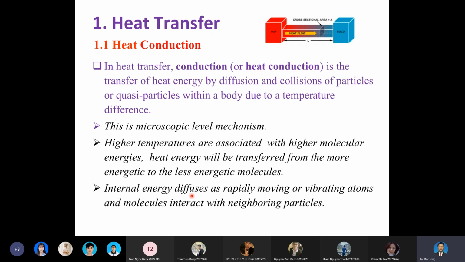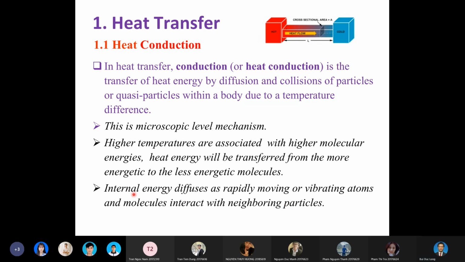Internal energy diffuses as rapidly moving or vibrating atoms and molecules interact with neighboring particles. This is also involved in the mechanism of heat transfer from the hot side to the cold side.